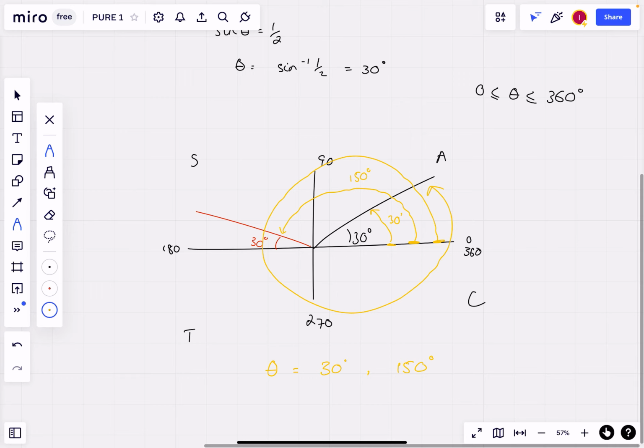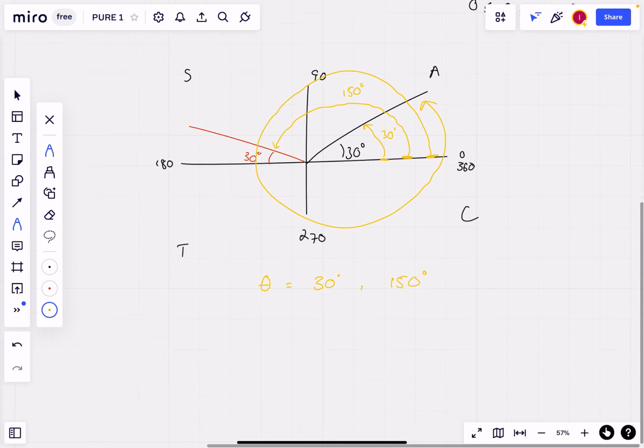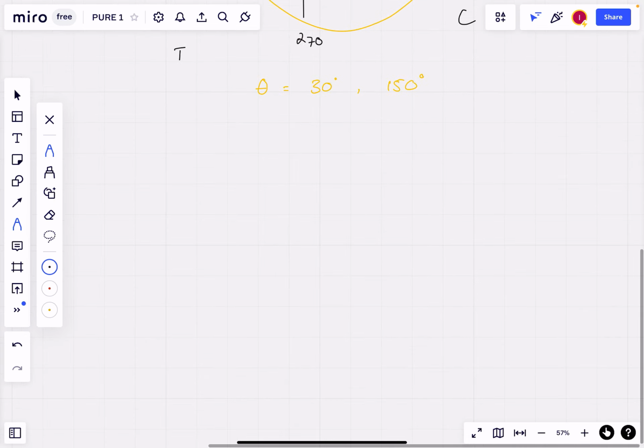Right. Let's try another one. Let's do cos a half. So cos theta equals a half.